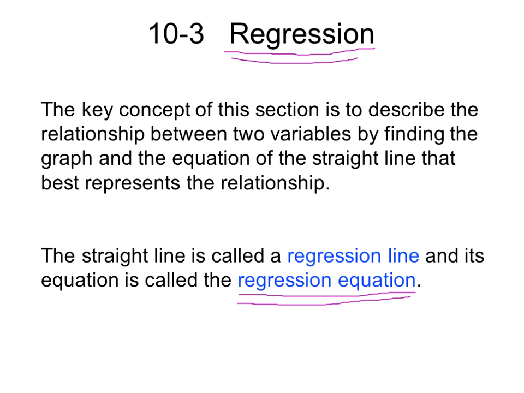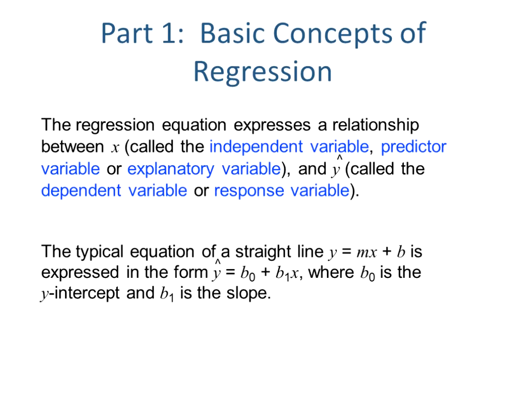The straight line that goes through our points, and it's not going to go through every single point, is going to describe that relationship between the two variables. It's that line, that regression line, and we're going to use its equation to make predictions. So that's what we're going to focus on in this section.